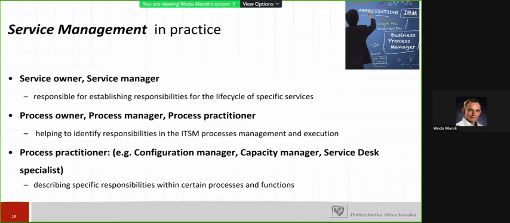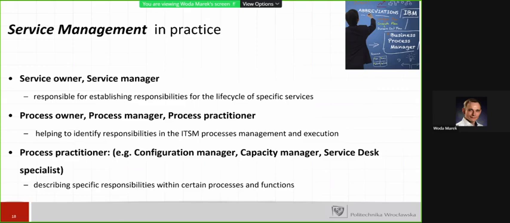Then there are the process owner or process manager, or in other words, process practitioner. These are the roles, or persons with those roles, that help identify responsibility within the service management process, to allow us to deliver that kind of service.